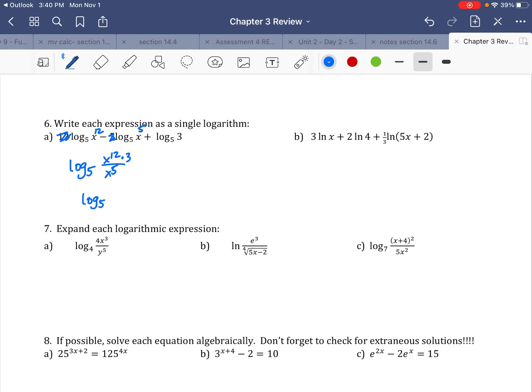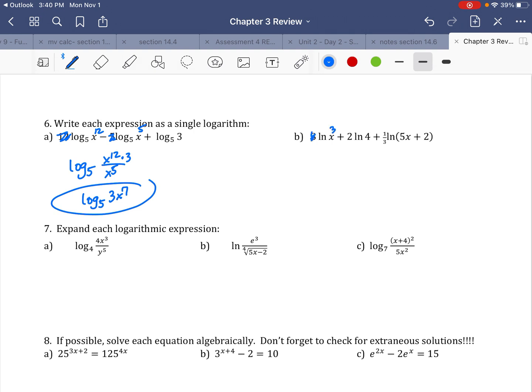So I basically get log base 5, and the x to the 12 and the x to the 5th can reduce to x to the 7th. So I have 3x to the 7th. And you could have noticed that right here. You had 12 log of x minus, what was it, 5 log of x? So you could have said 7 log of x right away, all right? But either way, you get the same result.